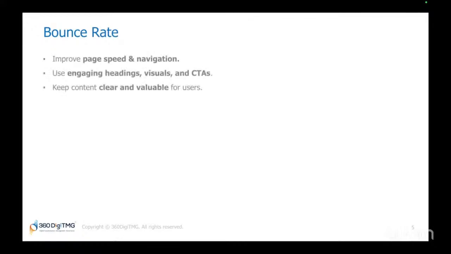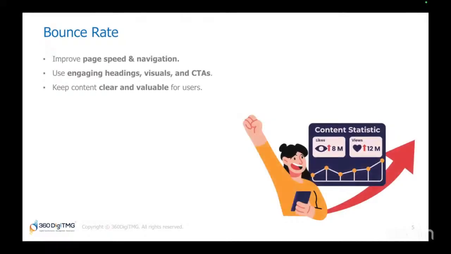When it comes to bounce rate, we need to improve the page speed and navigation. If your navigation is not proper, then bounce rate will be impacted. Where can we find these bounce rate details? In Google Analytics. For each and every web page, Google Analytics will give you the bounce rate.